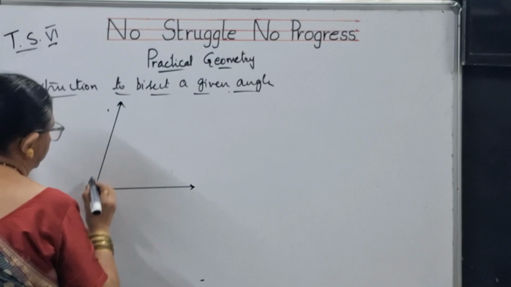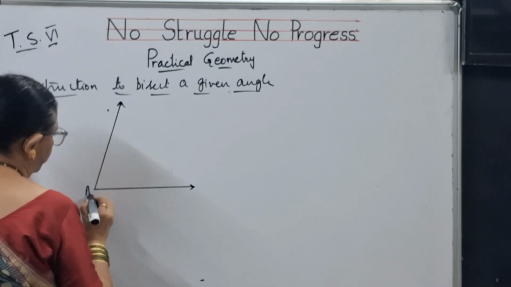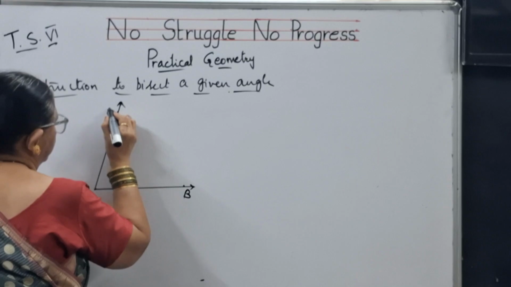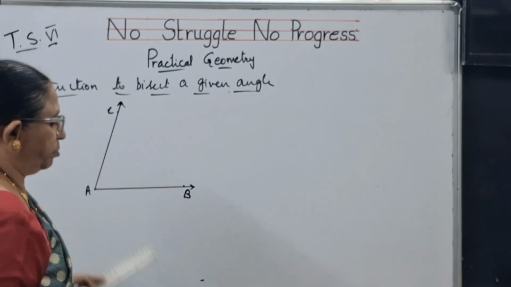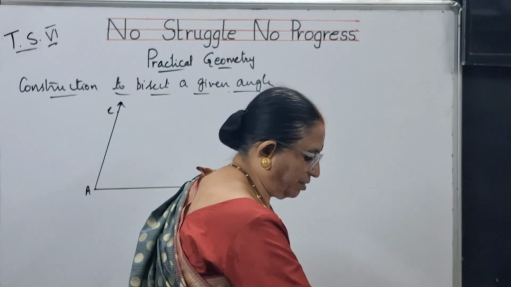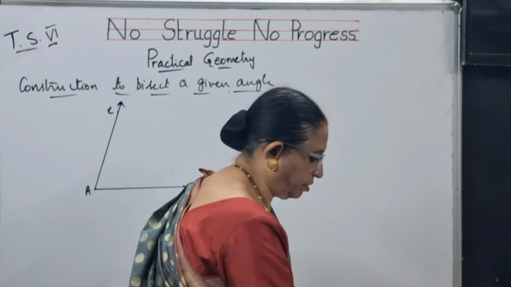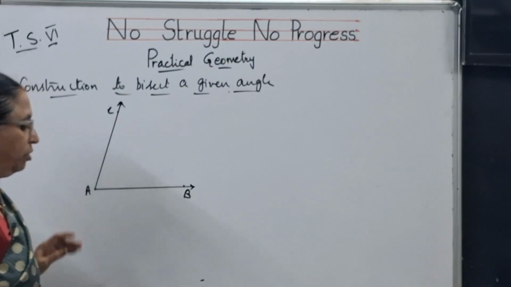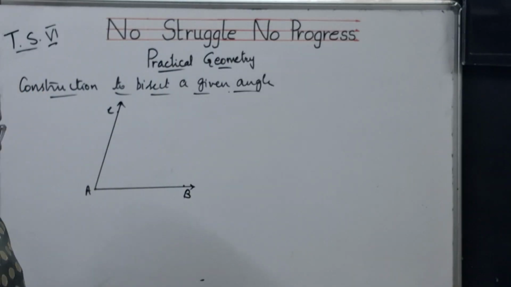Let me write this point as A, this point as B, and here C. Angle ABC is given to you. You need to draw the bisector. Bisector means which divides this angle into two equal halves. How should you do it?